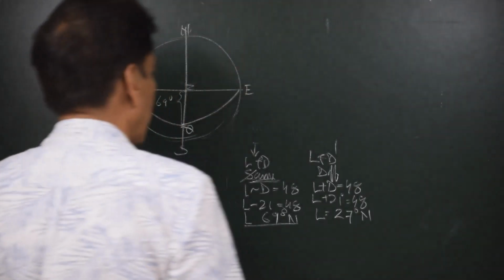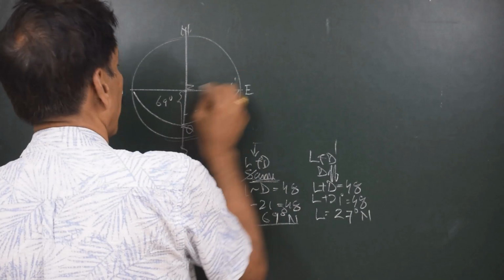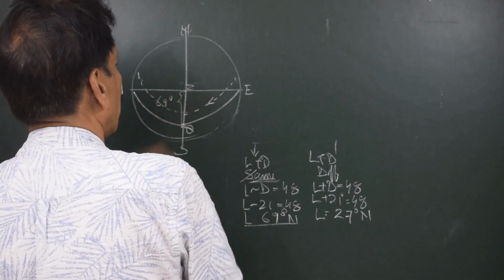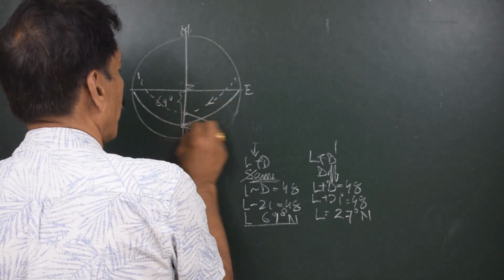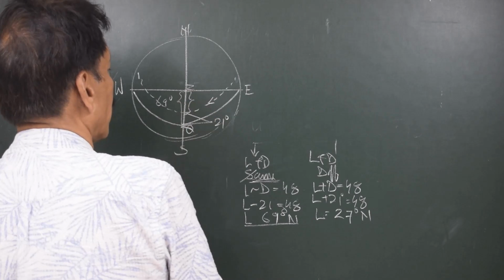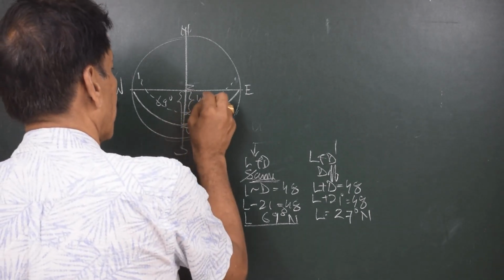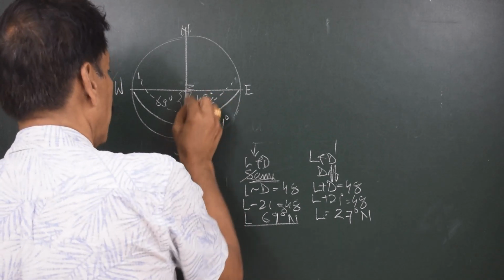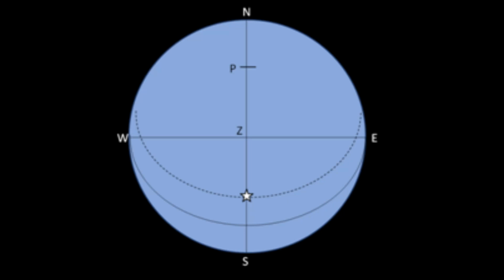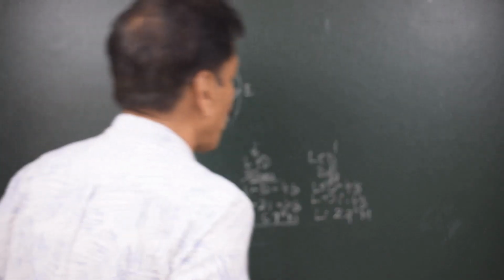And the declination, because it is 21 degrees, you will find that the body travels like this. This distance is 21 degrees. So you will see that the remaining distance, that is the zenith distance, at the time of meridian passage is 48 degrees. And if zenith distance is 48 degrees, the meridian altitude will be 42 degrees. Right? So this is one possibility.